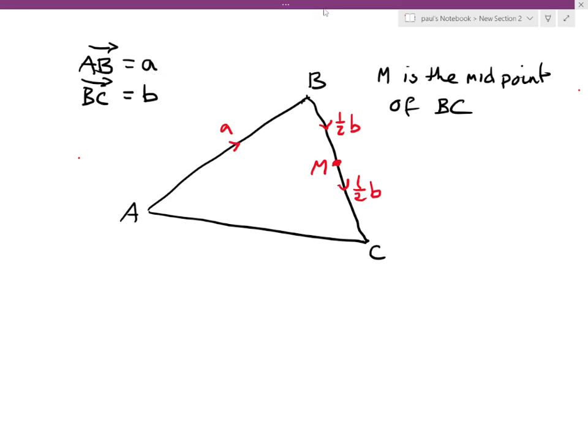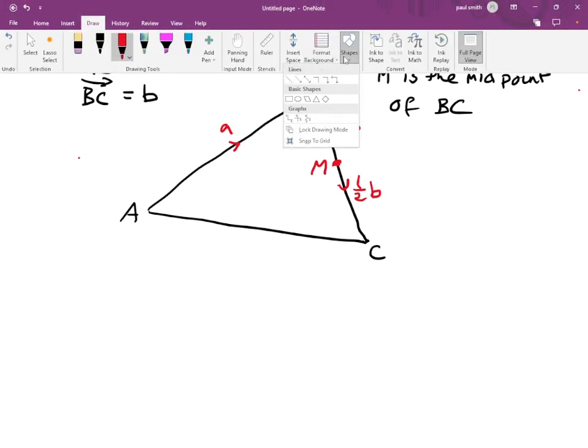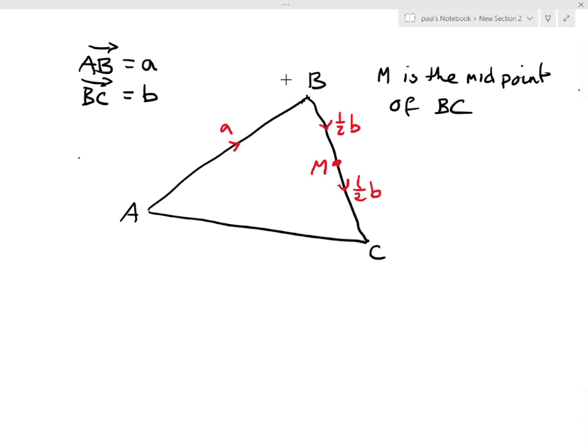And what we're going to do is find the vector from A to M. Now, we can't go down the bottom because we don't know it. So we're going to have to go up to the B and then down. So the vector AM is going to be equal to a plus half a b. And what about this one?